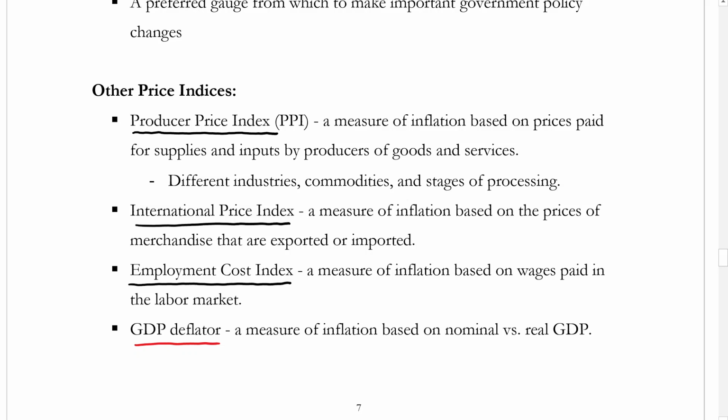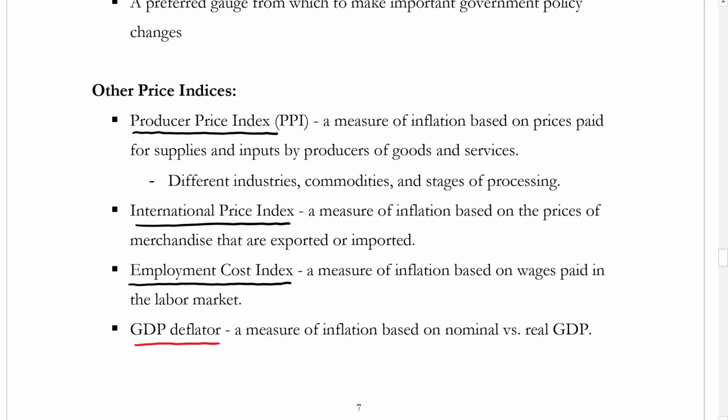So talking about the overstatement of inflation, GDP deflator may be a slightly better measurement to avoid that overstatement. Okay, but in any case, just simply knowing that these exist, not necessarily getting into the nitty-gritty details of all of them, is sufficient for this lecture series, but would be covered more in a more advanced intermediate macroeconomics course.